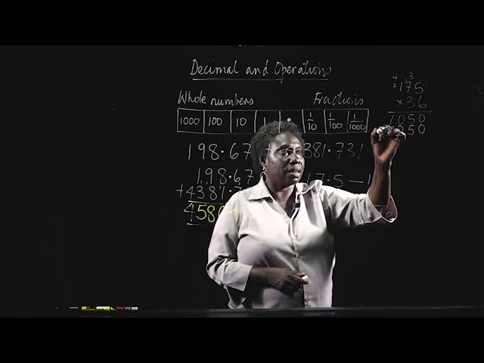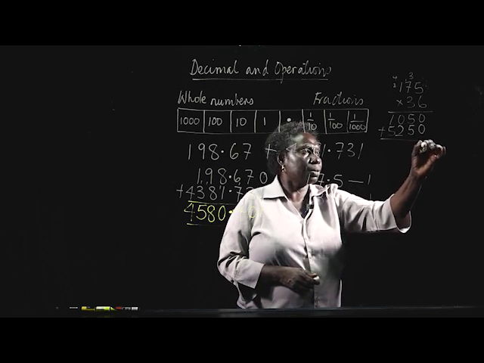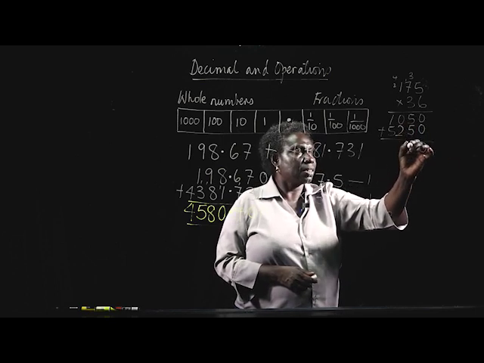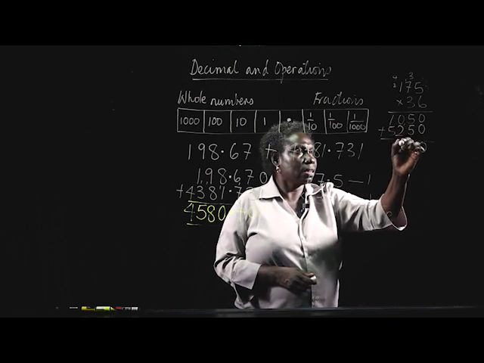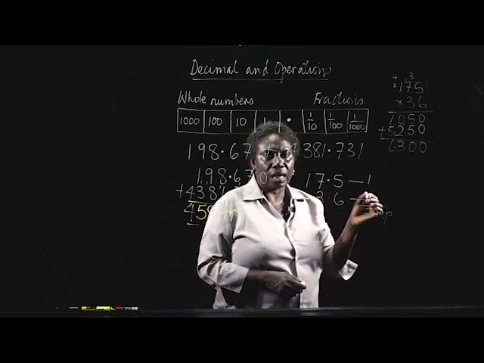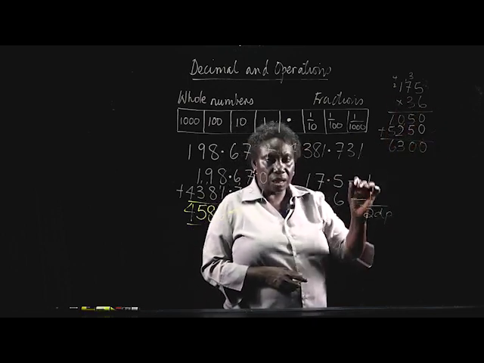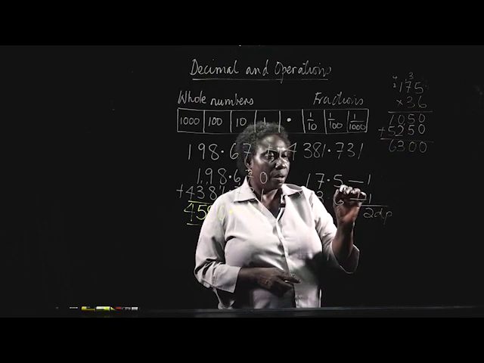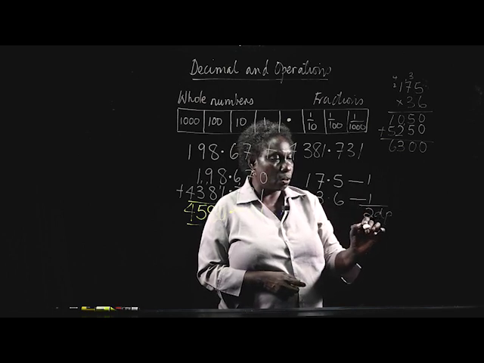Then I add: 0 plus 0, 0. 5 plus 5 is 10, put down 0, carry 1. 2 plus 1 is 3, and 5 plus 1 is 6. That's not the end of the answer. I am going to go back to the original question. How many decimal places are there in the original question?